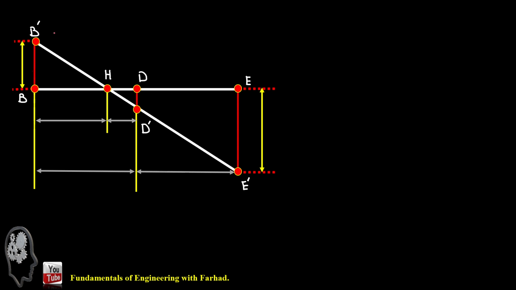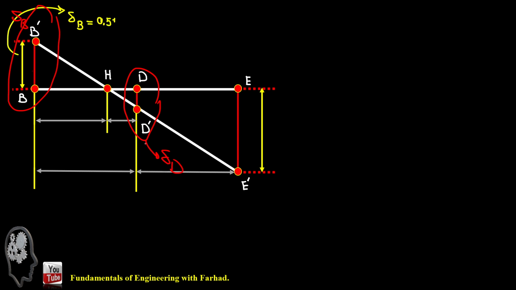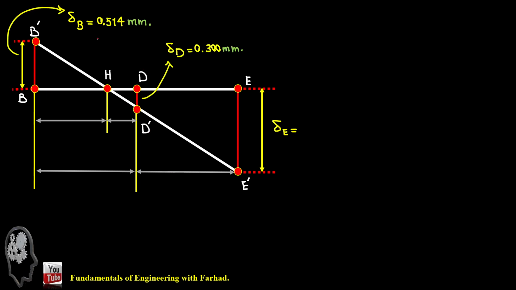So by BB prime, we mean that's delta B. By DD prime, we mean that's delta D. We already know what delta B is. We calculated, and that's an upward movement. And for delta D, we already calculated, and that's a downward movement. So definitely we do know this length is 200.